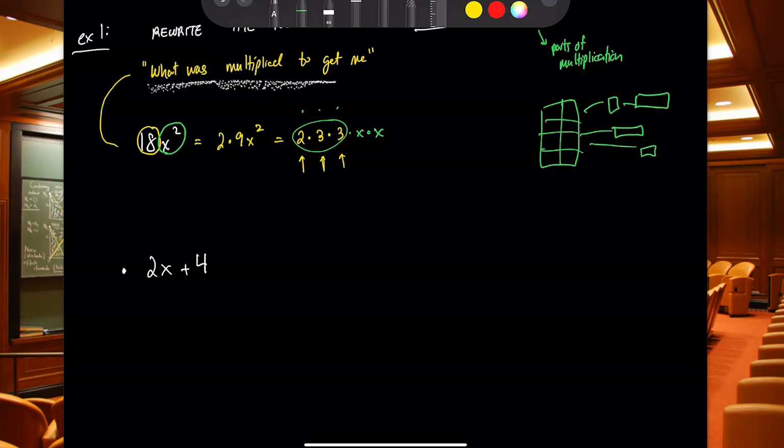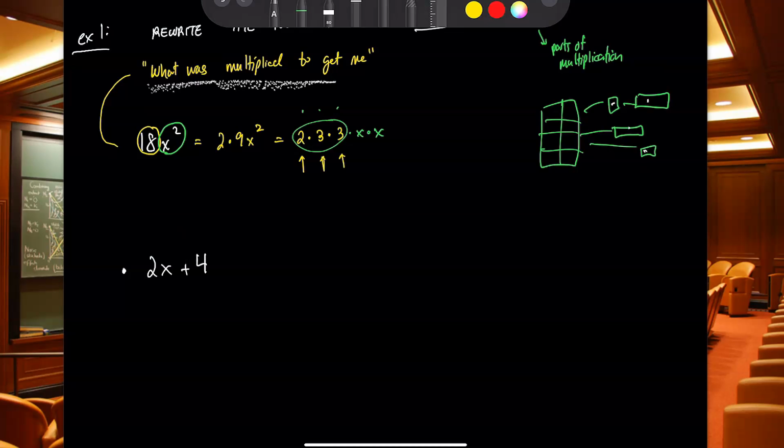And again, why would we care about this? Oftentimes knowing what Lego pieces you have, or what the components of a thing are, helps us answer or ask more interesting questions about the formula itself, about the model we're working with, the function, whatever it is. So what was multiplied to get 2x plus 4?